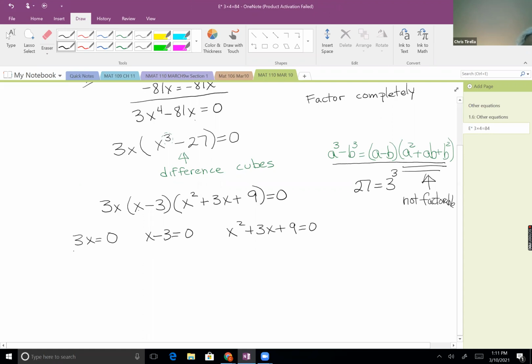Solving the first one, I'm going to divide by 3 and get x equals 0, one answer. Solving the second one, I'm going to add 3 to both sides, and I get x equals 3. Two answers. This was a fourth degree equation, so I should be expecting up to 4 answers.